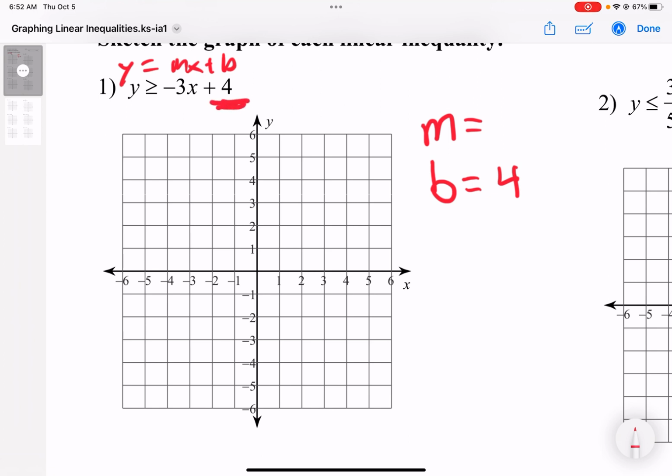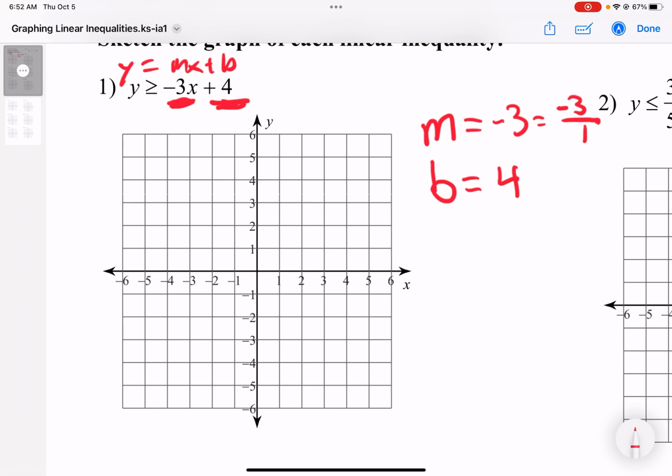It's always the number by itself, is 4. And I know that the slope, which is always the coefficient to x, is negative 3. And since I generally prefer slope to be a fraction, I can write it as negative 3 over 1. And so I'm going to graph this line right here.